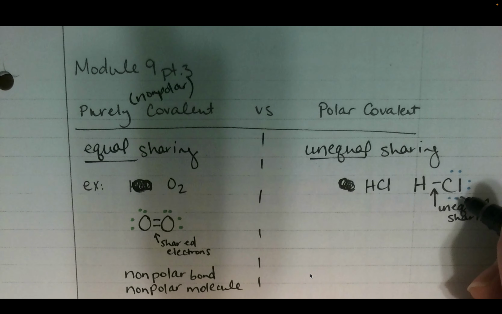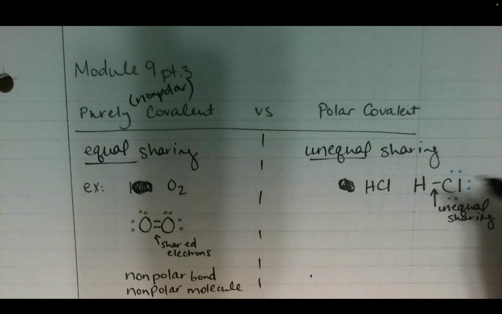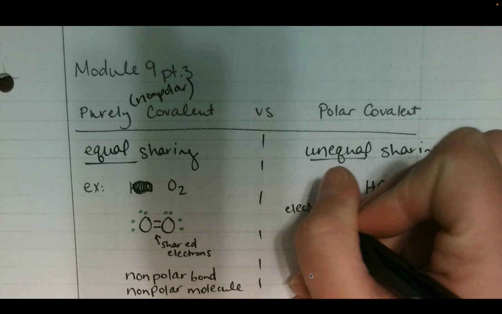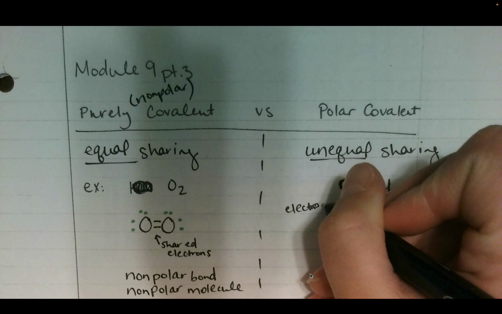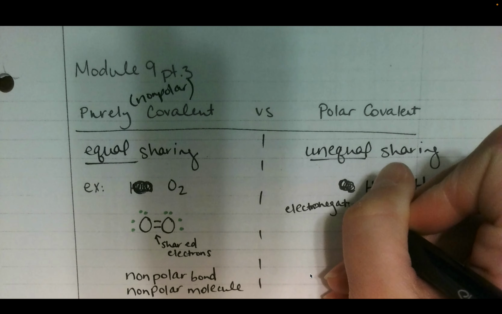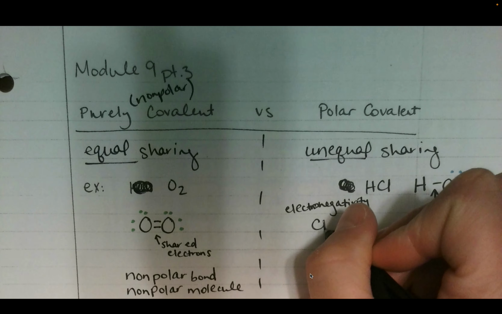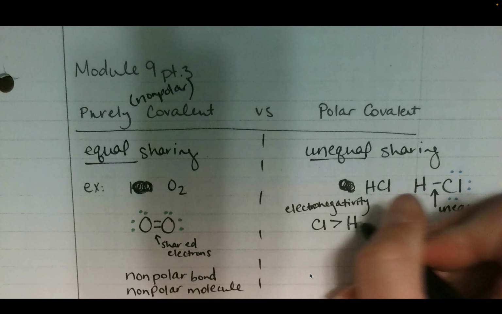Chlorine is much more electronegative than hydrogen. We're talking about electronegativity. Chlorine is more electronegative than hydrogen.